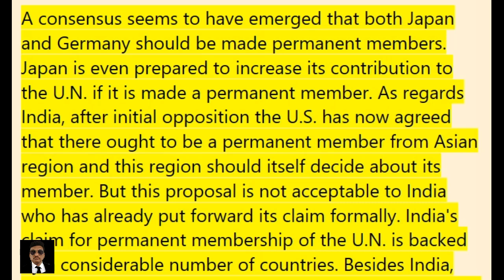But this proposal is not acceptable to India, who has already put forward its claim formally. India's claim for permanent membership of the UN is backed by a considerable number of countries. Besides India, Egypt, Brazil and Nigeria are other strong contenders for permanent membership of the UN.